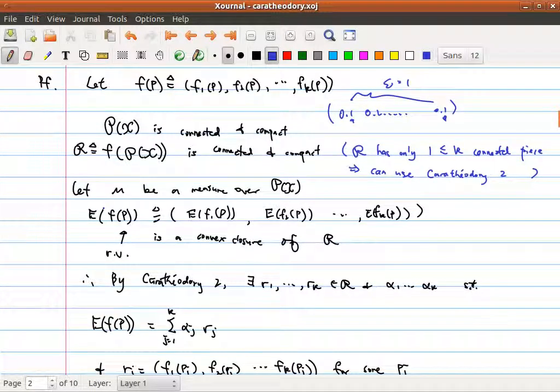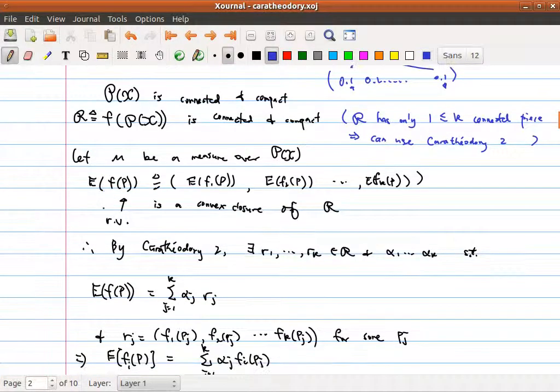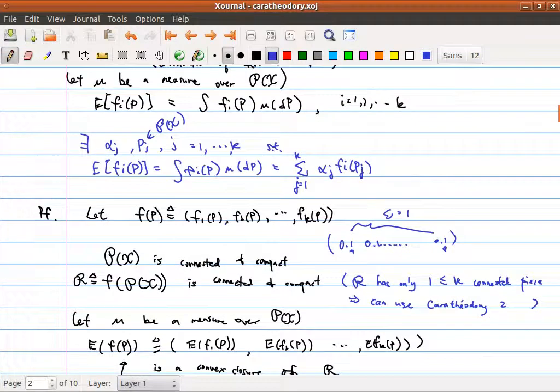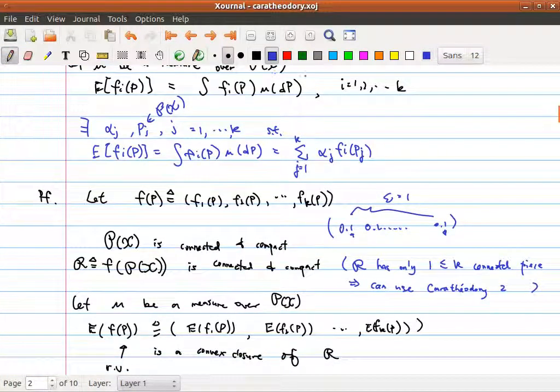So let me just go through this here. Let's say mu is a measure over P_X. Then I denote this expected f(p), where p is now a random variable, as expected f_1(p), expected f_2(p), and so on, expected f_k(p), defined as this guy here.